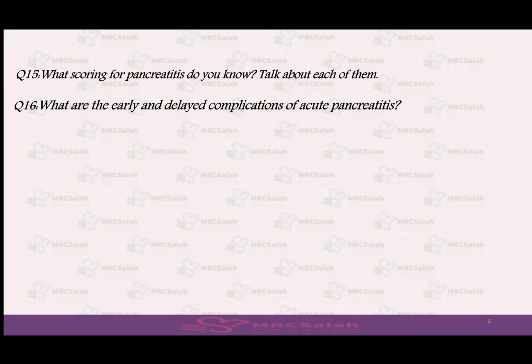And there could be pancreatic necrosis also. The late complications could be pseudocyst and pseudoaneurysms. Pseudoaneurysm, yes. In which vessel? Splenic. I'm not sure if it is splenic vein thrombosis, not pseudoaneurysm. Okay.